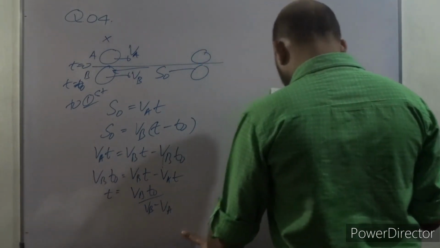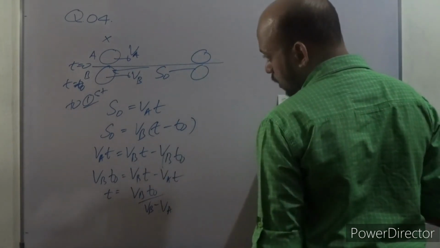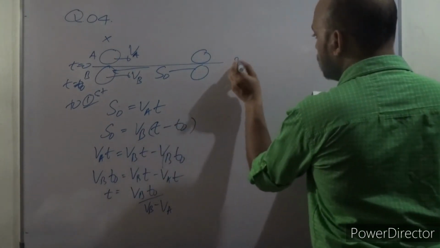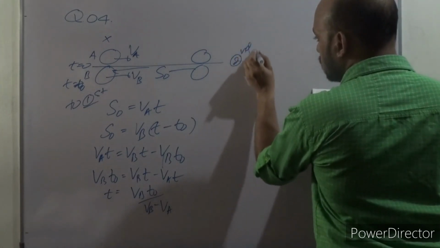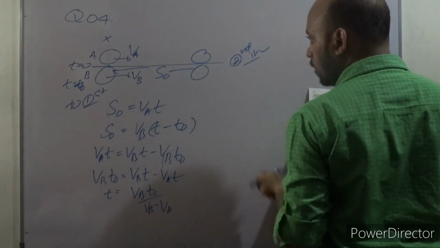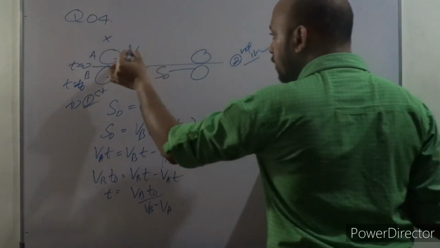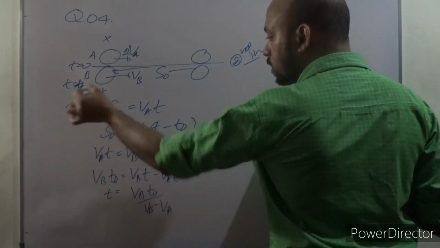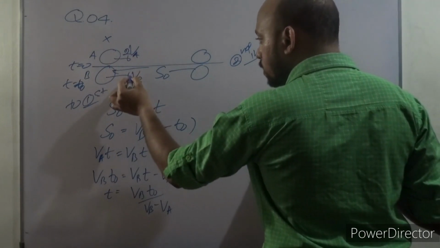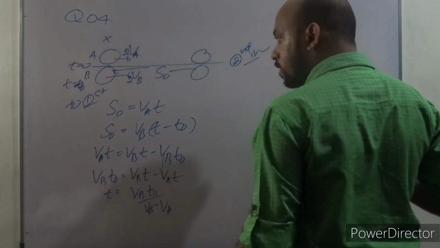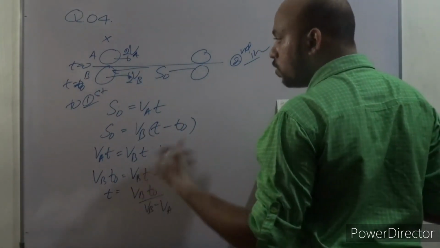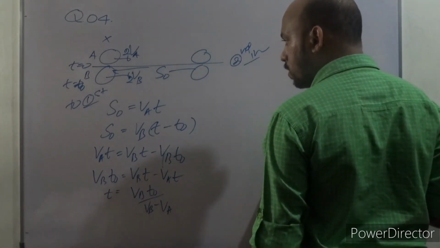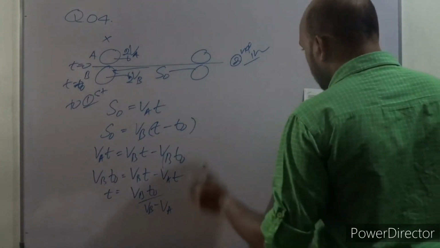Now let's consider the second instance. What happened? The velocity of A is double the initial velocity. After t0 time, the initial velocity of vehicle B also doubles.